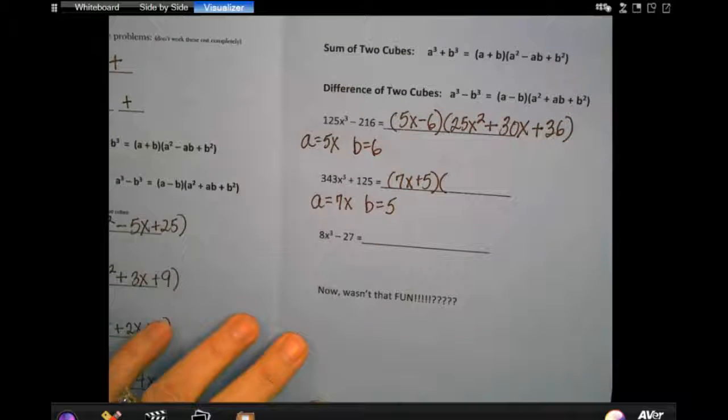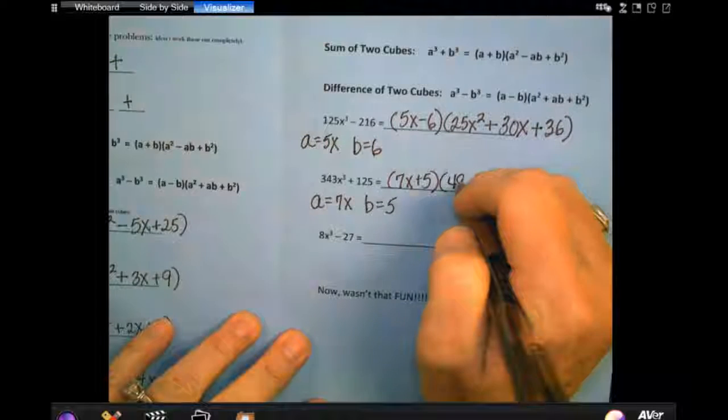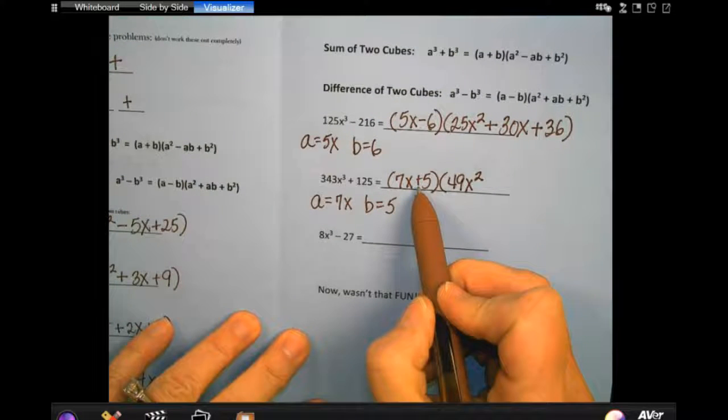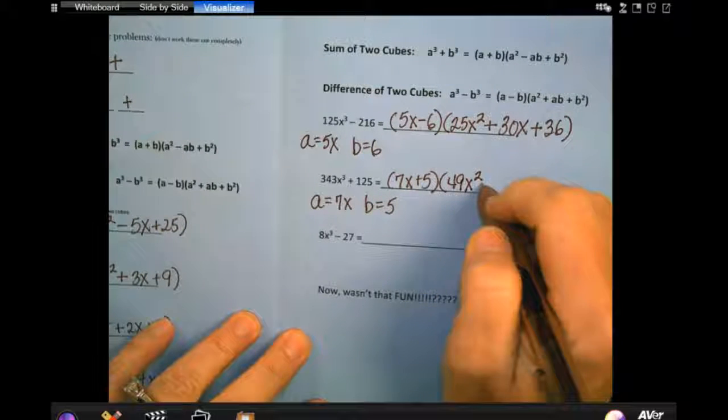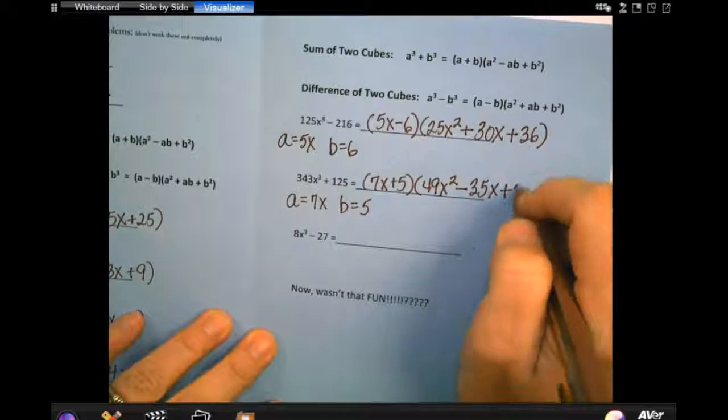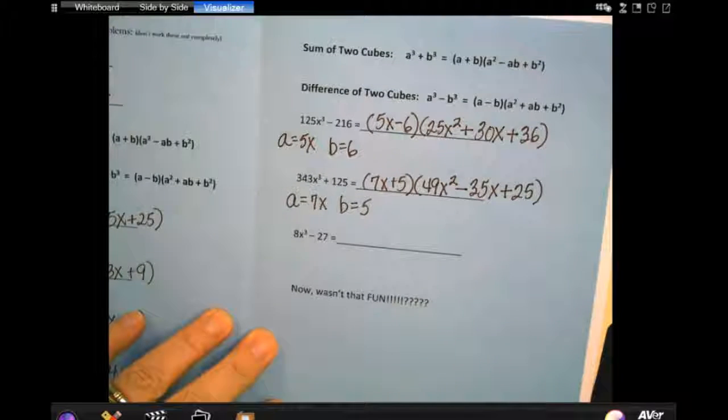So that's 7x squared, 49x squared. If this is plus, the next one's minus. So A times B gives me 35x, and then plus 25. It's 5 squared.